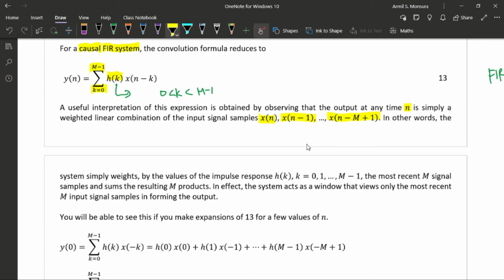Pag sinabi yung weighted linear combination, the input sequence, your xn, is being scaled by a vector of weights.